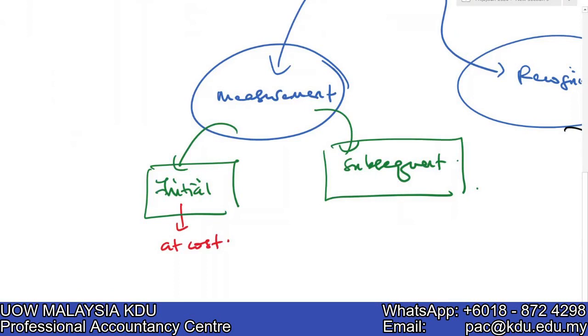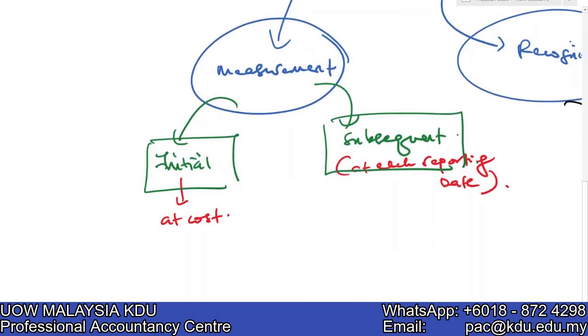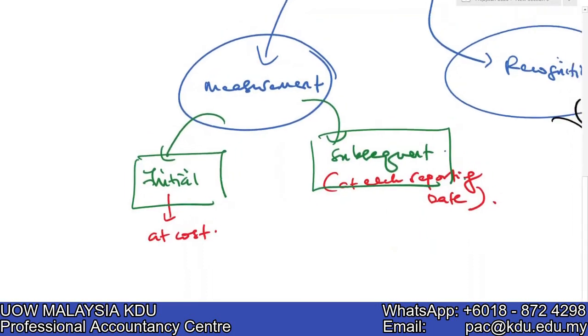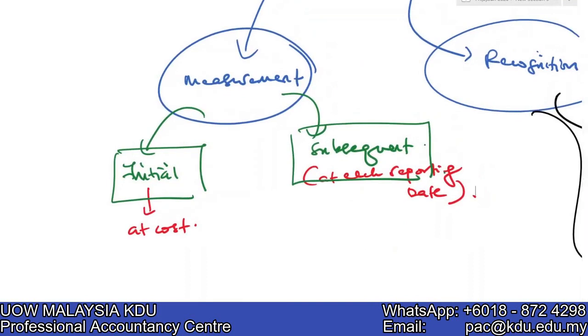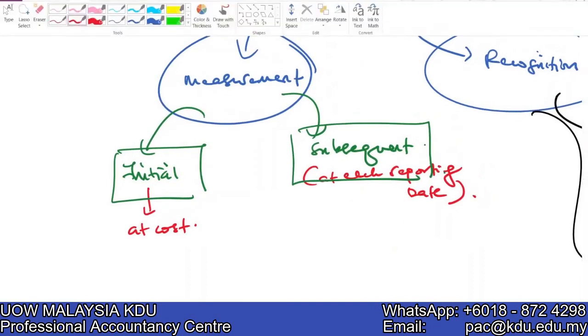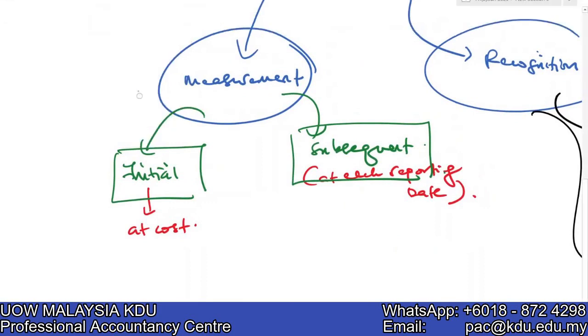Subsequent means at each year end or at each reporting date. It should be measured at what value? If it's property, plant, equipment at year end, remember we have how many models? Two. For PPE, we can either use the cost model or the revaluation model.